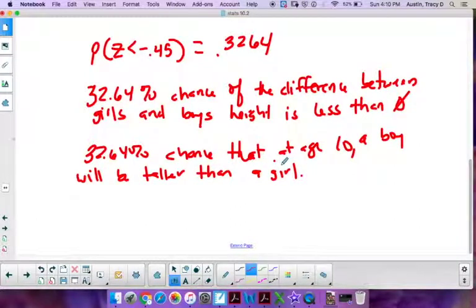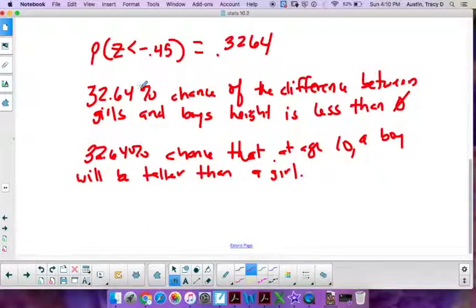And that's what that means in context or in reality. It basically means that any given boy has almost a 33% chance of being taller than an average girl at the age of 10. Okay? That's basically all that means.